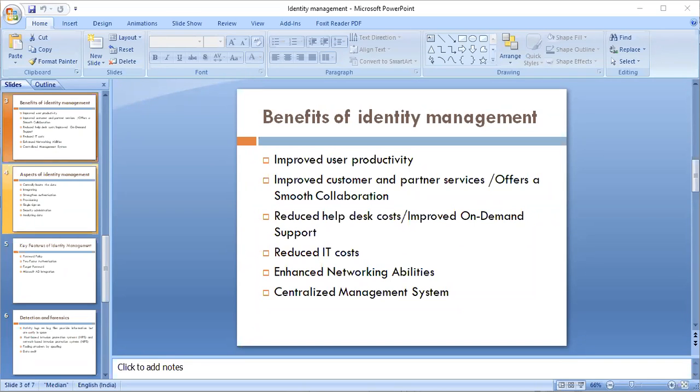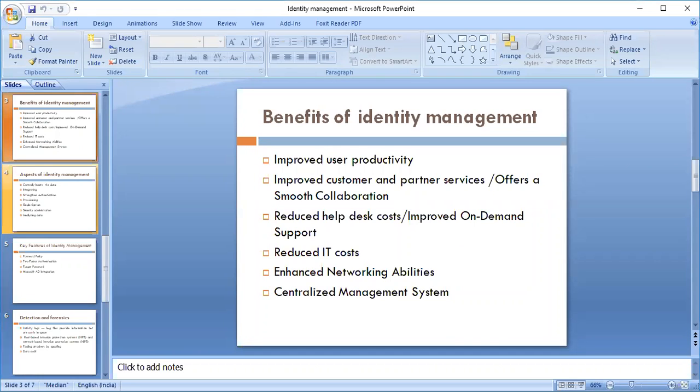So the hassle free identity facilities let users focus on their business development and not on the security measures, because we are providing all the security measures by implementing identity management. As a result, there will be an improvement in the overall productivity of the organization. So this is how identity management is helping to improve user productivity and the overall productivity.